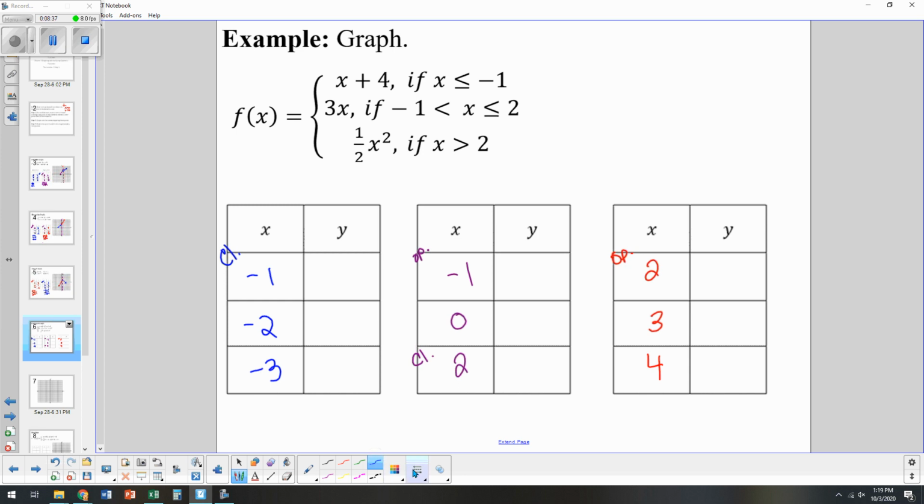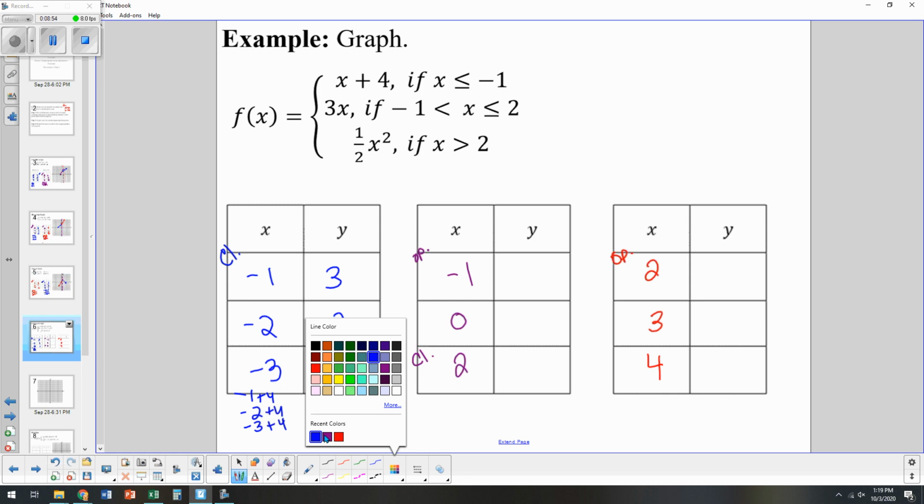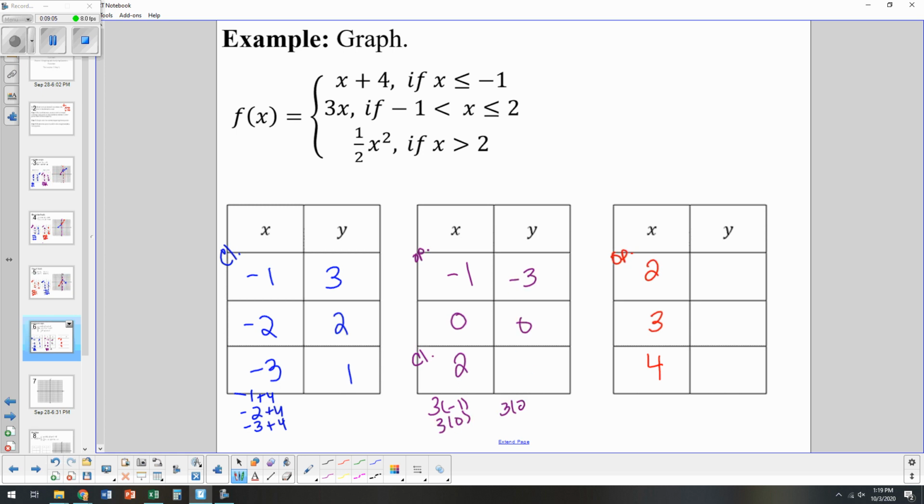All right, so we can plug in for each of these now. So my first equation, x plus 4, so we have negative 1 plus 4, we have negative 2 plus 4, and negative 3 plus 4. All right, then we have 3x. So 3 times negative 1 is negative 3, 3 times 0 is 0, and 3 times 2 is 6.